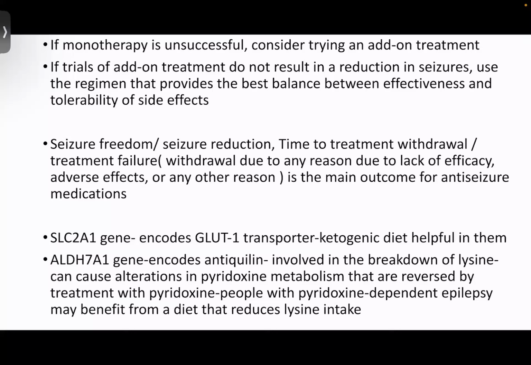And there are certain other measures which I will be discussing in further slides, like the ketogenic diet, which can be helpful for patients with SLC2A1 gene mutation, which encodes for a GLUT1 transporter, and the ALDH7A1 gene, which encodes for antiquitin, which is involved in the breakdown of lysine, and can cause alterations in pyridoxine metabolism that are reversed by treatment with pyridoxine.